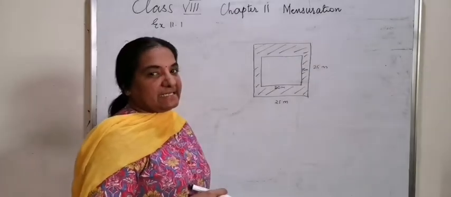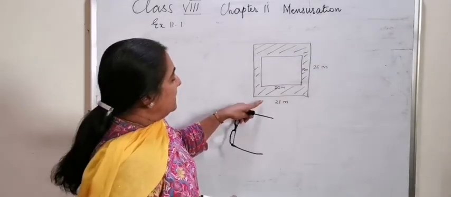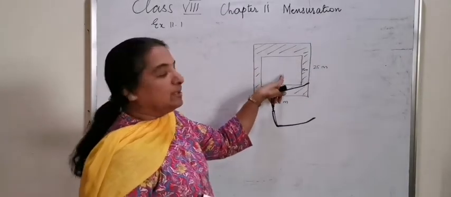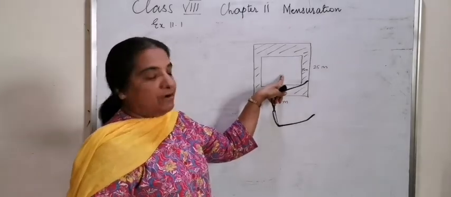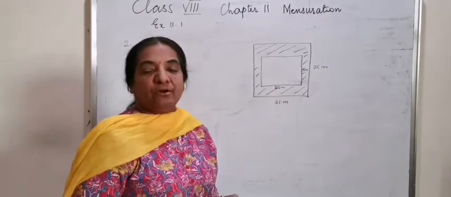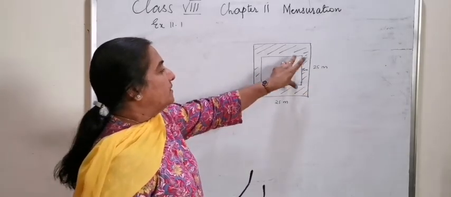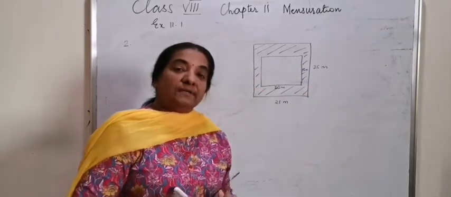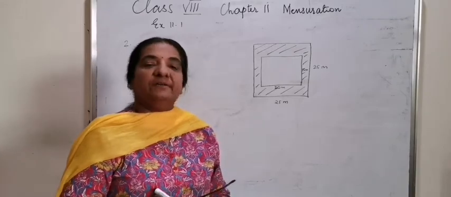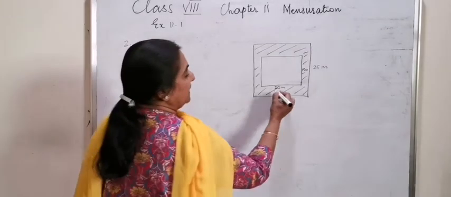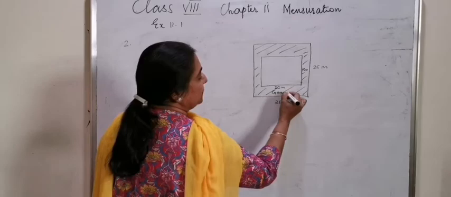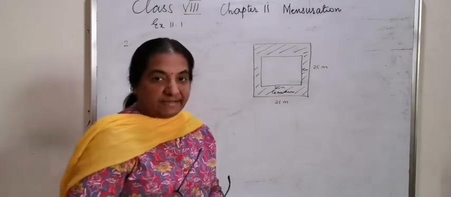This is the figure representing the plot as well as the area required for the house. From the measurements you can make out that the plot is in the shape of a square as well as the plot which is selected for the house is in the shape of a rectangle. You have to find out the shaded region which is kept for the garden.